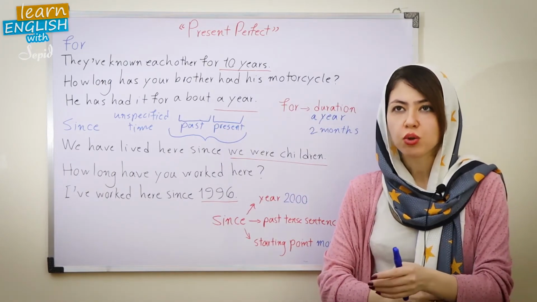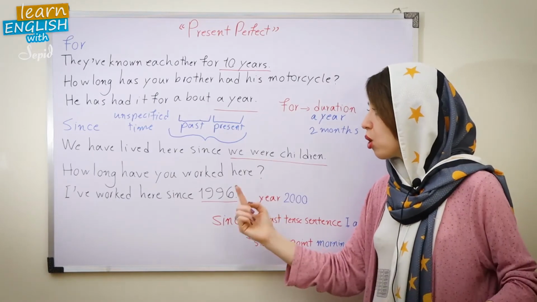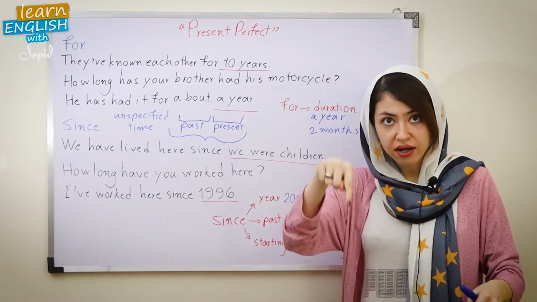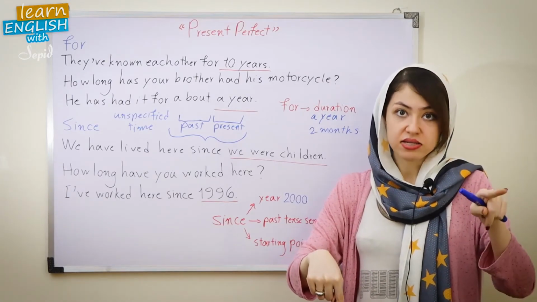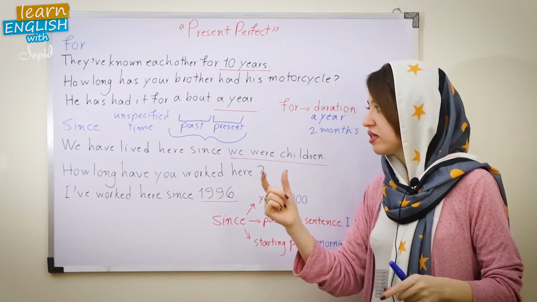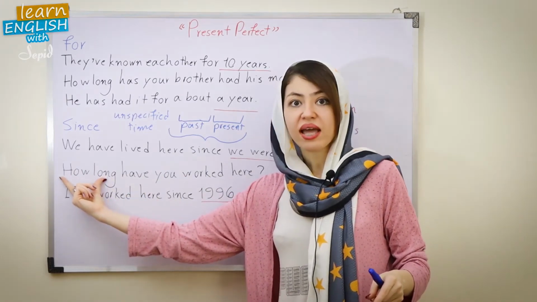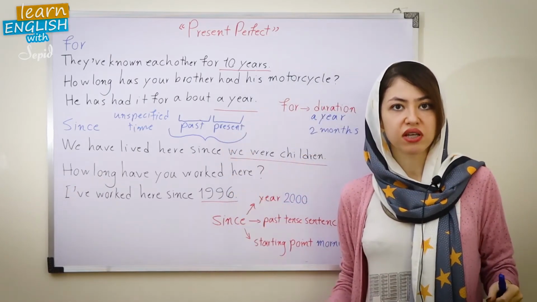Okay, we are curious. We want to know that, okay, I know that you work here now and you worked here in the past as well. But right now the point is knowing how long you worked here, the duration of the time.